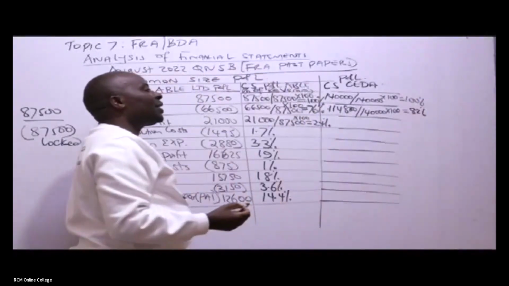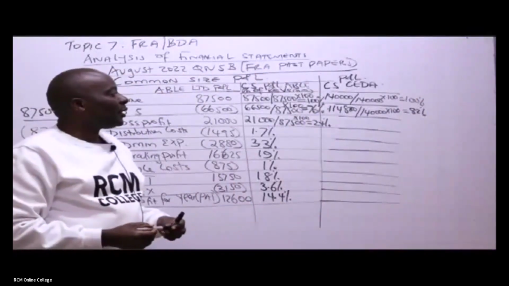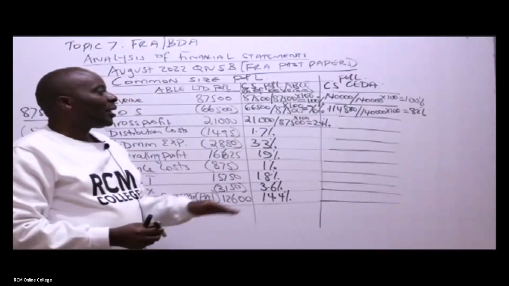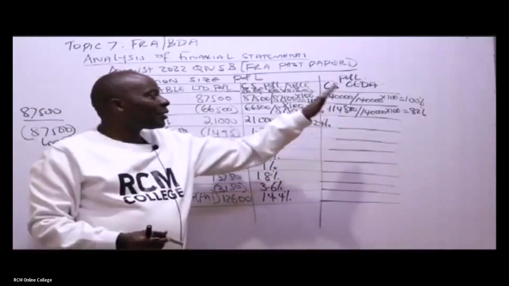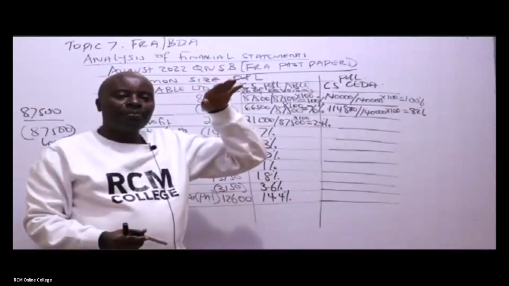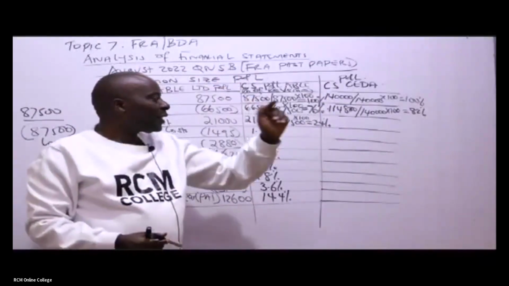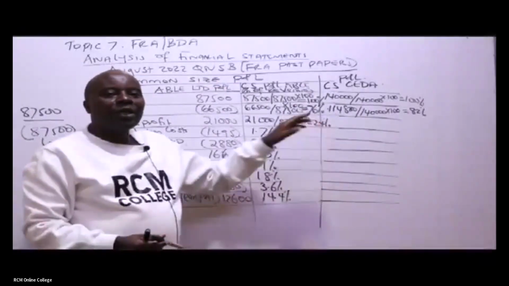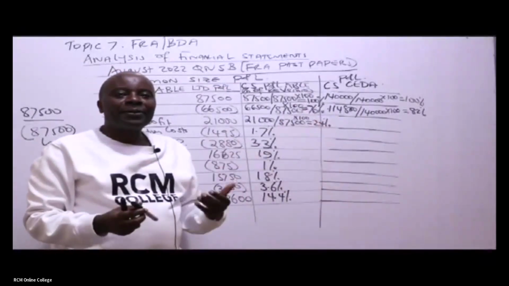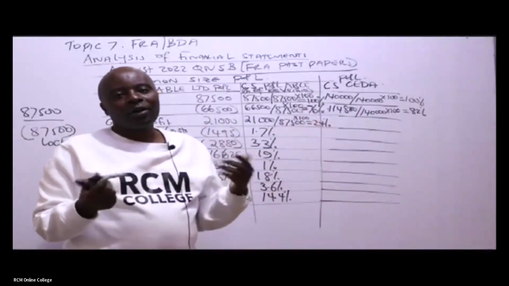Now you can see in terms of the cost of sales, using the common size, that the cost of sales for Cedar is higher. It's at 82%, and for Able, it's at 76%. So I need to ask myself, how come Cedar has a higher cost of sales?